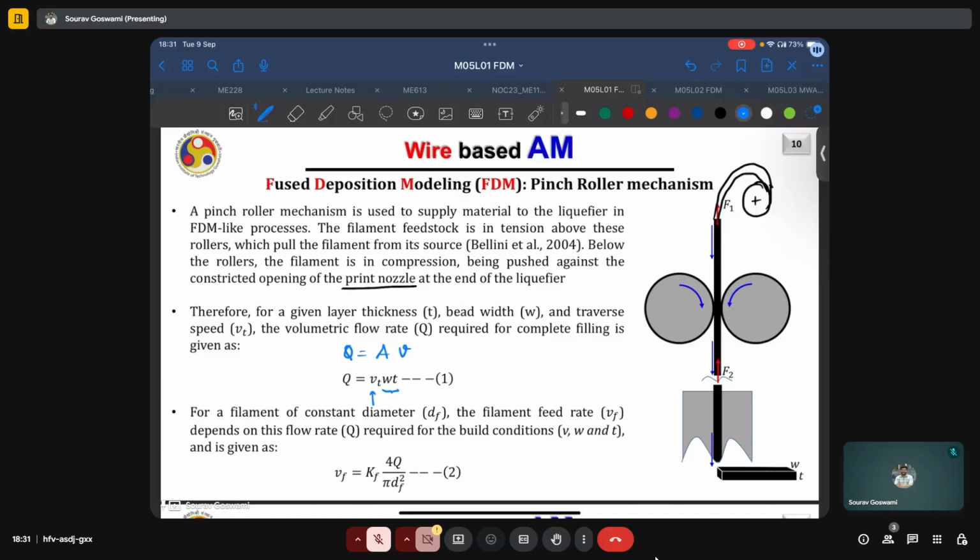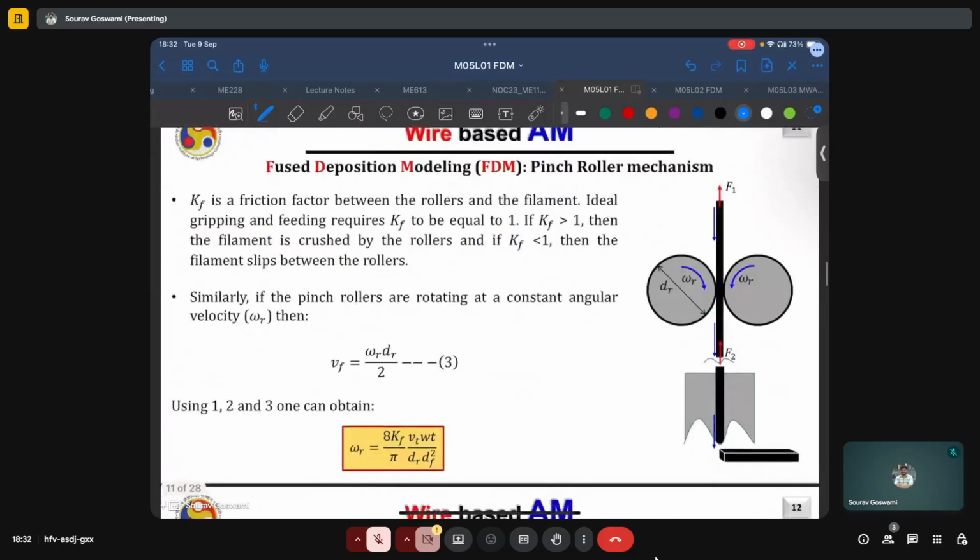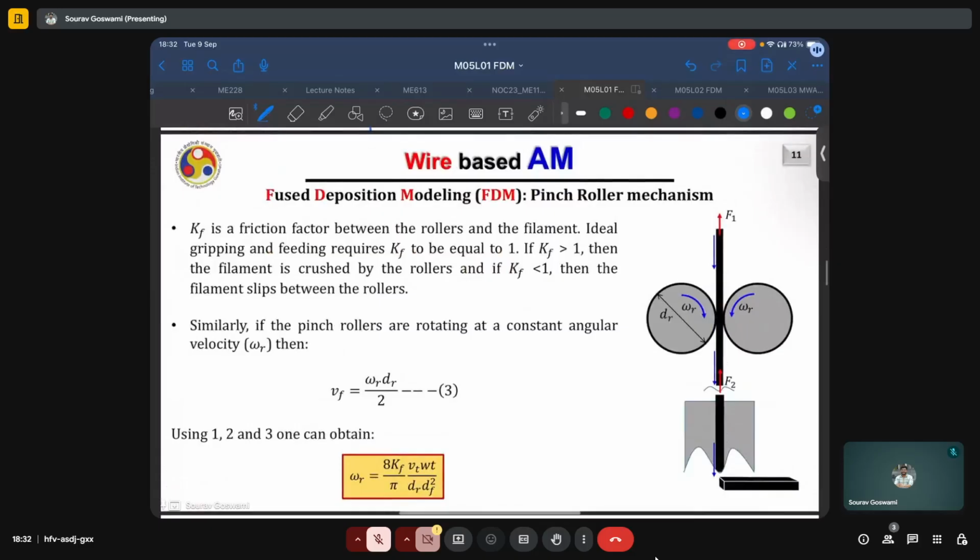For a filament of constant diameter, the filament feed rate Vf depends on the flow rate and is given as Vf equals some correction factor Kf times 4q by pi df square. Kf is a correction factor to account for the friction between the rollers and the filament.